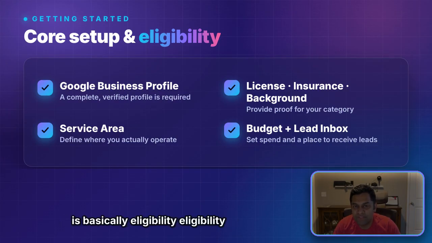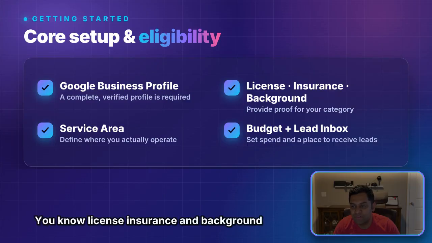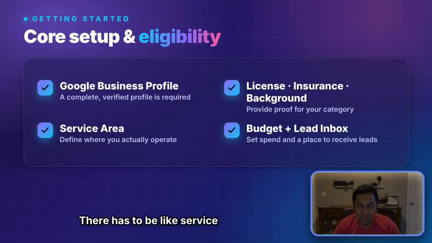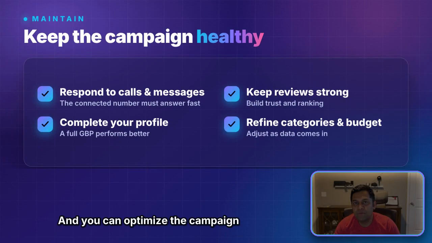The core setup is basically an eligibility check. Your account needs to have a Google Business Profile. It can be license, insurance, and background checks. There has to be a service area, and then you need to have a budget, billing, and a lead inbox, right? And you can optimize the campaign for getting more leads.